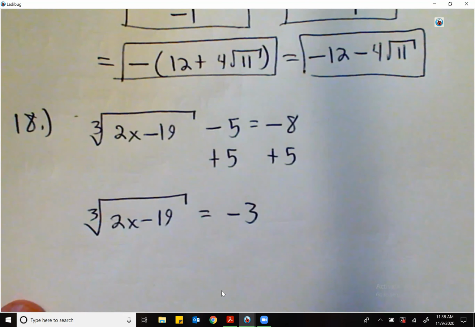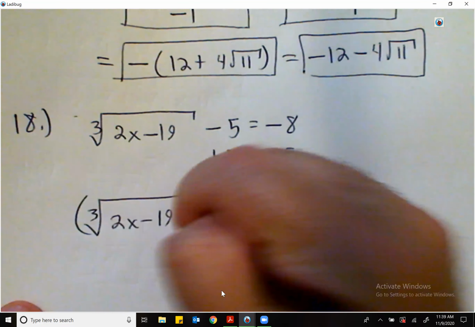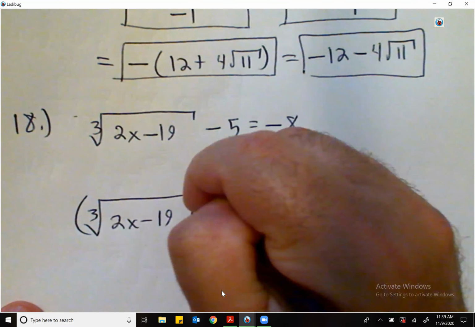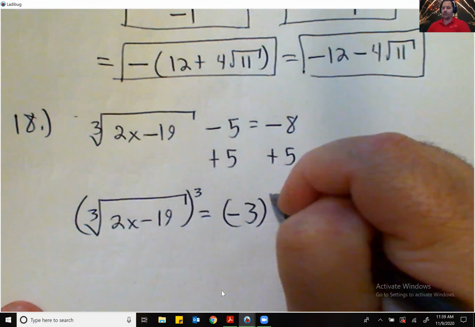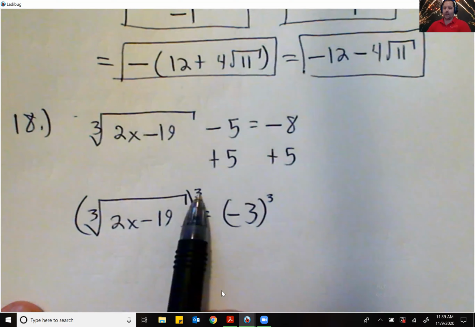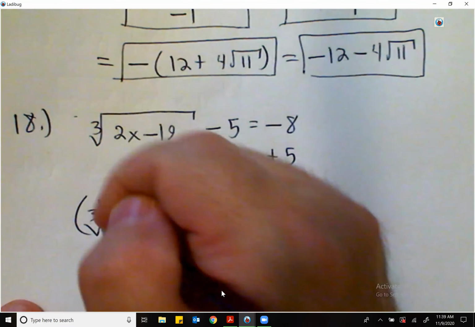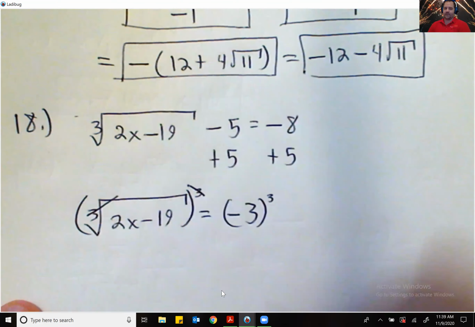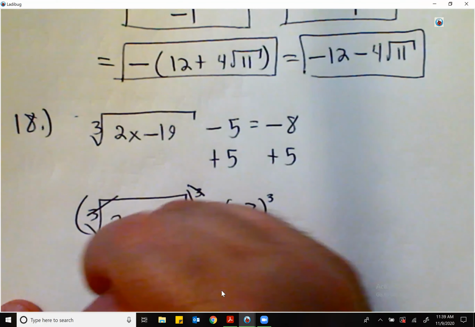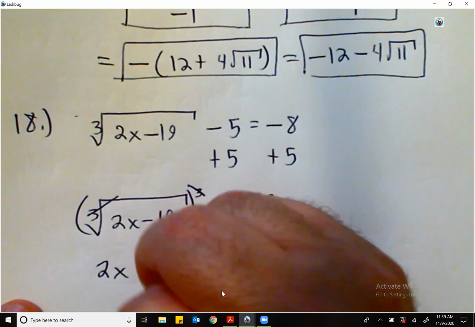Cube root both sides. But it's already a cube root, so we don't want to cube root it again. We just want to cube it. Because remember, a power of 3 will knock out the root. So the cube root and the power of 3 cancel out, leaving you with 2x minus 19.